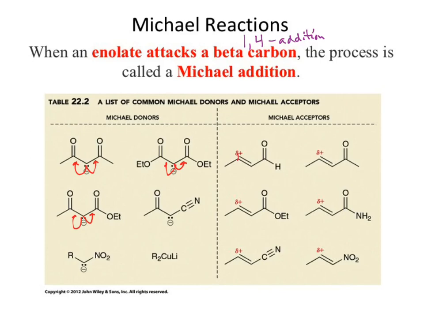Oh, you mean a 1,4 or an alpha beta unsaturated carbonyl? Or another alpha beta unsaturated carbonyl, or another alpha beta unsaturated carbonyl. Yes, I mean exactly like that. Just because they come up with a new name doesn't mean anything changes. The chemistry is still the same.